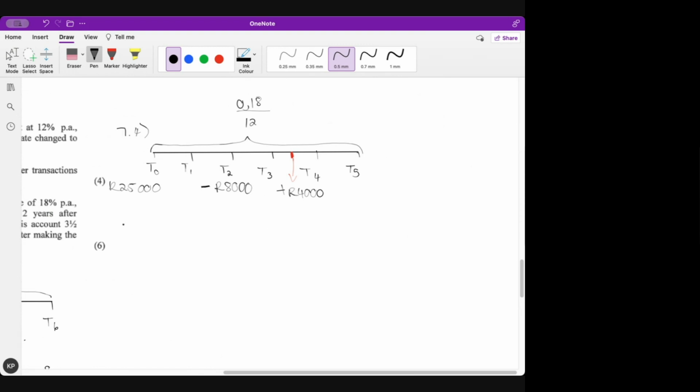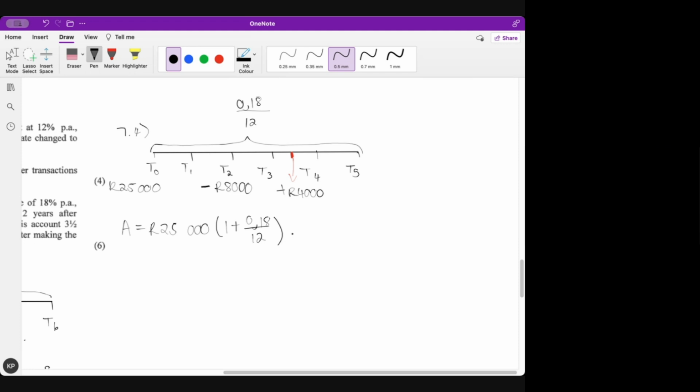So the 25,000 rands, we're going to calculate over the whole 5 years because there was no interest rate change. So you want to know the hypothetical amount. If I had just left that 25,000 rand all the way until the end, what would I have earned? So we're going to start off with the 25,000, 1 plus 0.18 over 12.